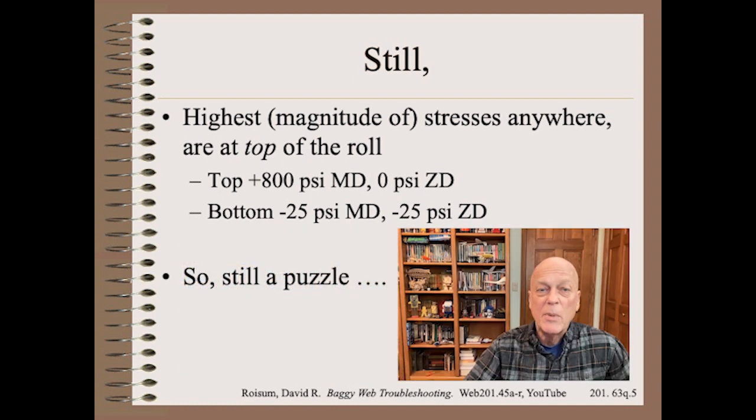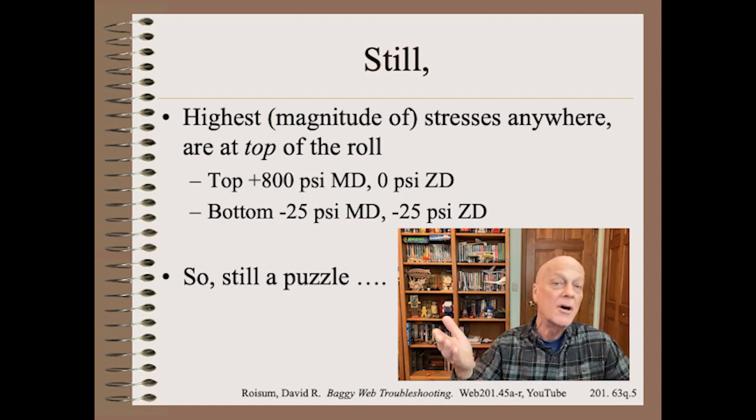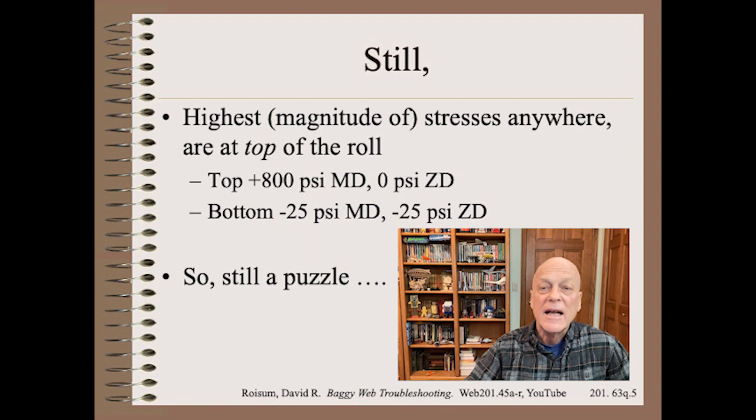I am still puzzled despite writing more on bagginess than any other author, perhaps as much as all other authors combined. That includes some 24 videos on how to troubleshoot and treat bagginess on this all-web handling channel of YouTube listed below. I am still puzzled despite all of that.